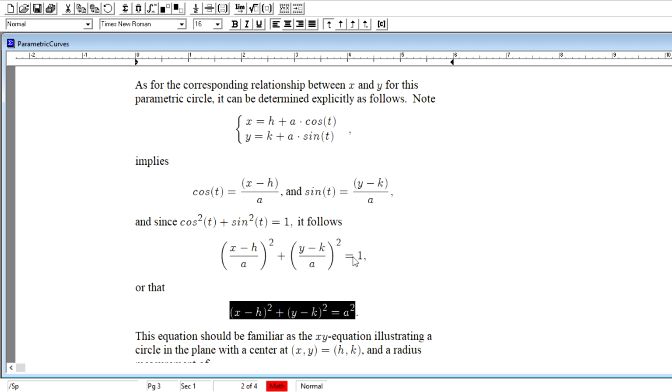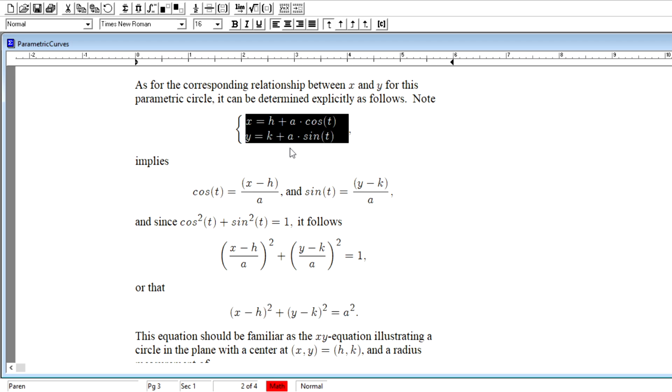This would be the corresponding rectangular relationship between variables x and y that is being stated implicitly by this set of parametric equations.